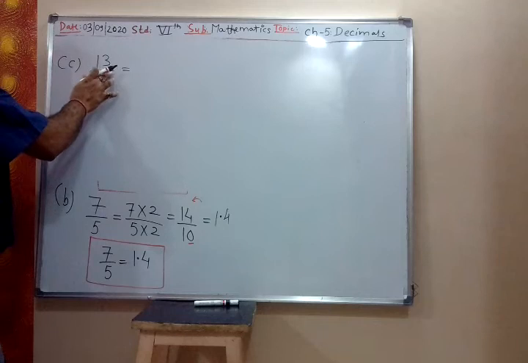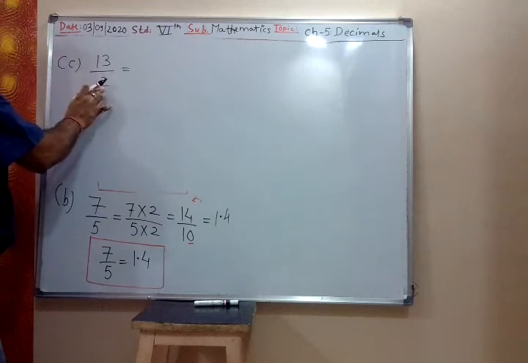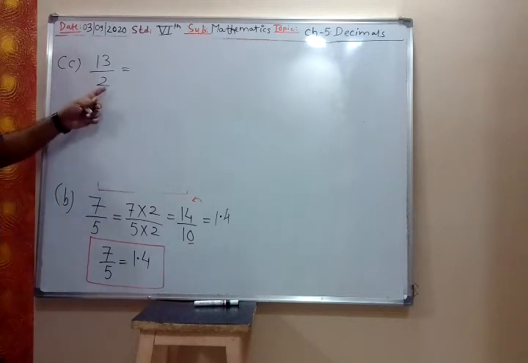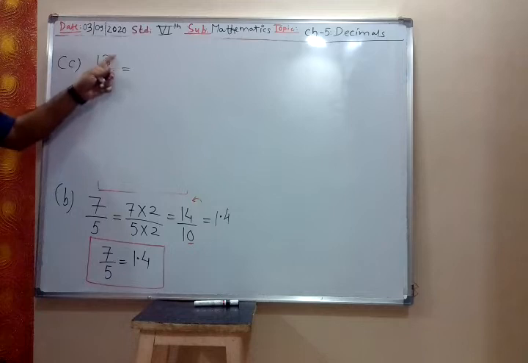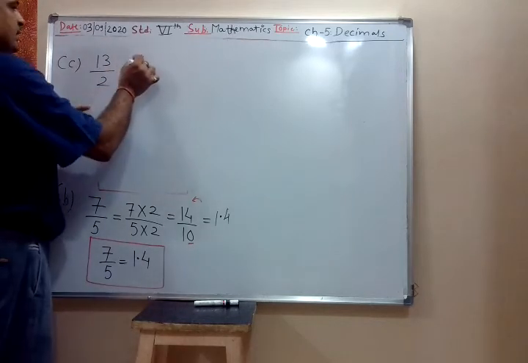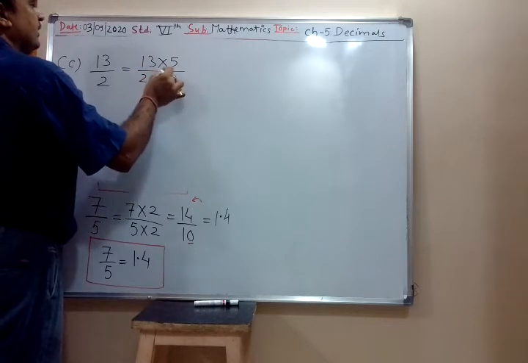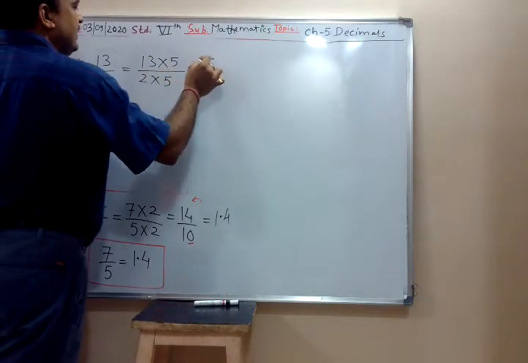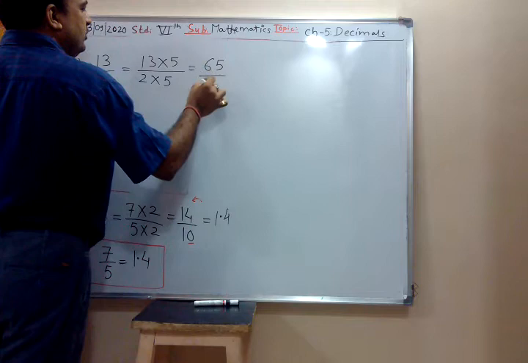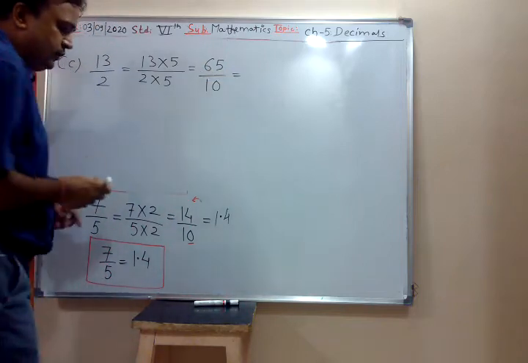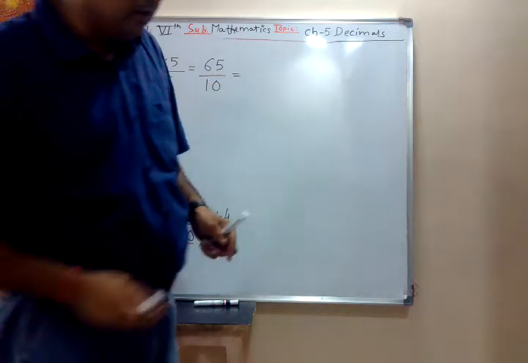The denominator is 2. Can I make it 10? Yes, so multiply and divide by 5. So 13 into 5 upon 2 into 5. 13 5s are 65, upon 2 into 5 is 10. So 65 upon 10.